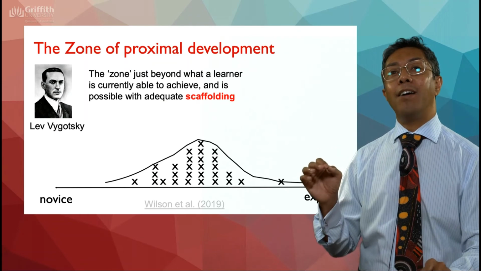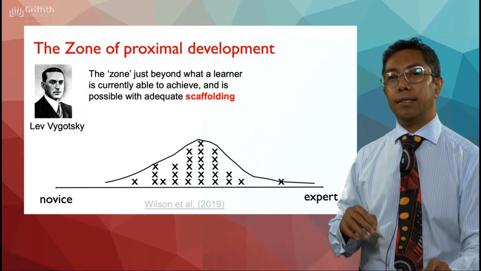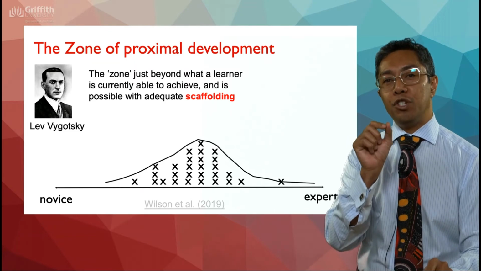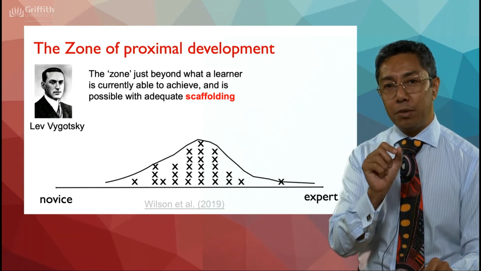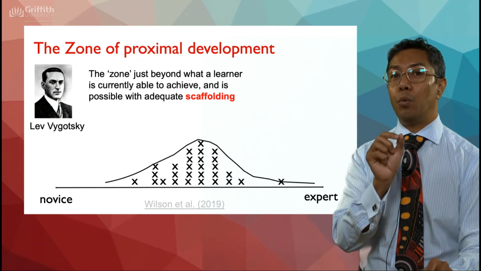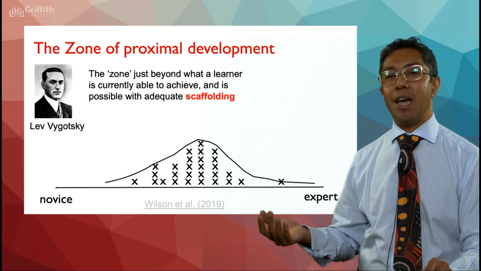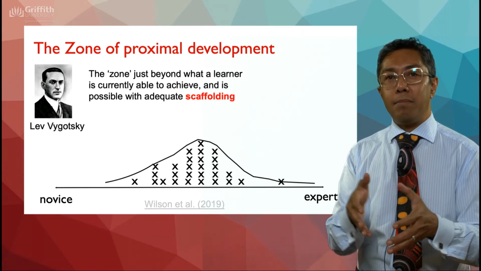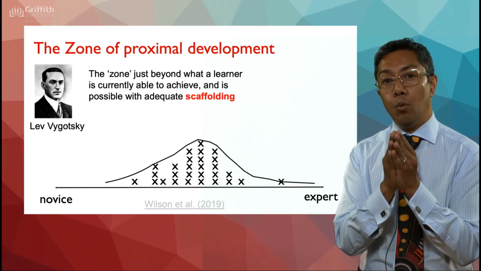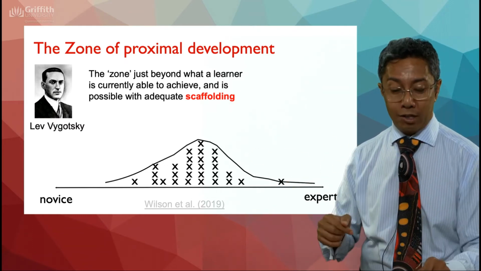Okay? Now, what Lev Vygotsky was talking about was that if we want to challenge students, what we should be doing is pitching the material just beyond where they are currently. Okay? Now, because we have classes of 30, we pretty much have to deal with the majority of students, with a few caveats that I'll get to in a moment.